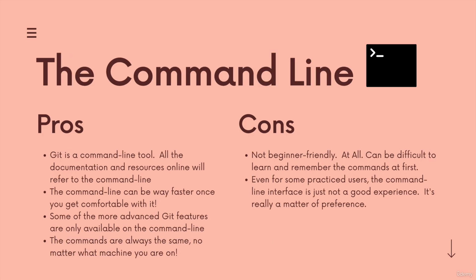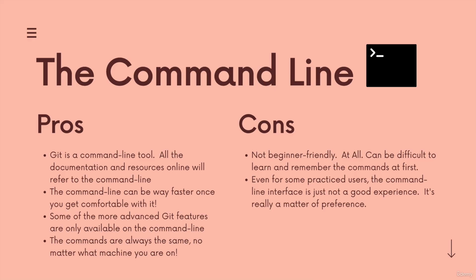However, the command line has a lot going for it as well. If you can get past the fact that it's not beginner friendly, it's ugly, and it's often not the best experience, it can be a lot faster once you get comfortable. There are some features that you can really only do or interact with on the command line, Git features, but also a whole bunch of other features.